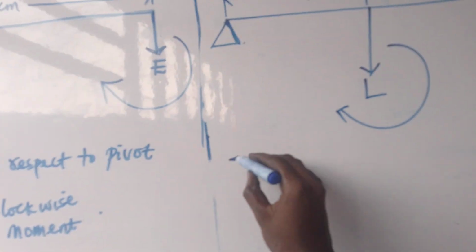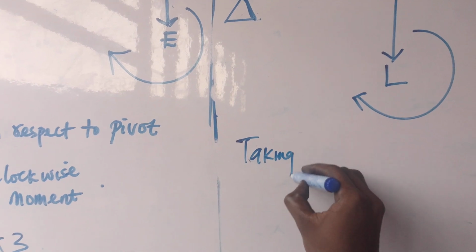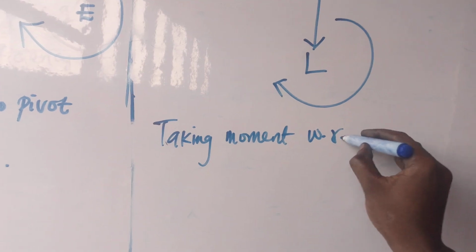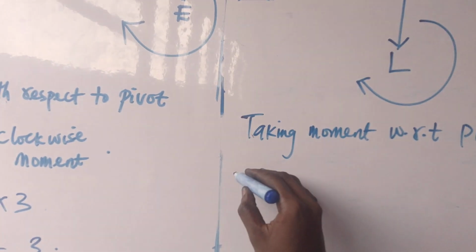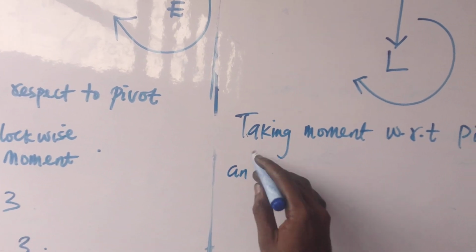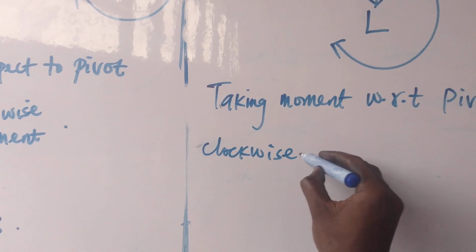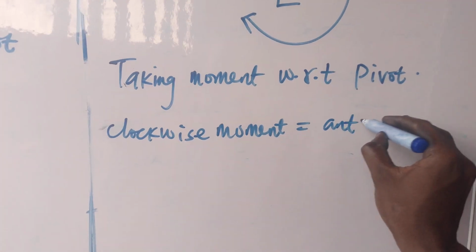Okay, so taking moment with respect to the pivot, you see clockwise or anti-clockwise moment. Let's take clockwise first. Clockwise moment equals anti-clockwise moment.